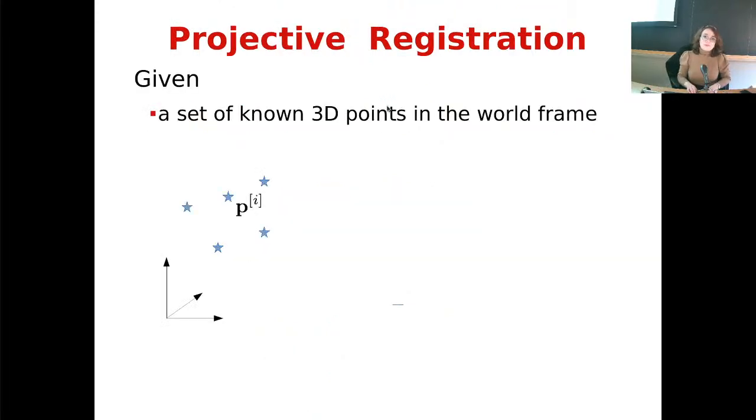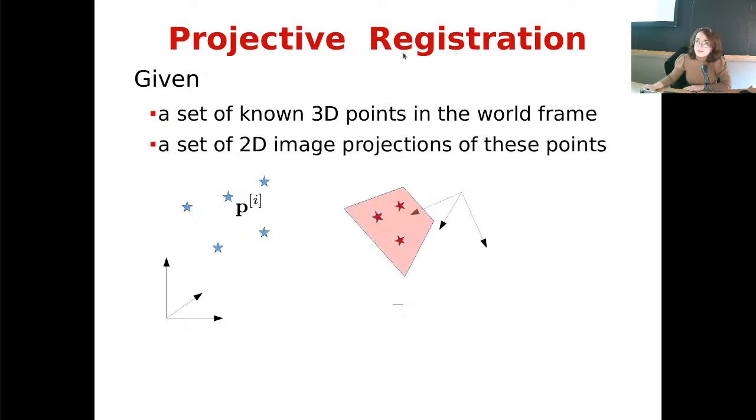Okay, so let us introduce the problem of projective registration. We are given a set of 3D points in the world frame and a set of measurements. In this case, the measurements are 2D image projections of these points.